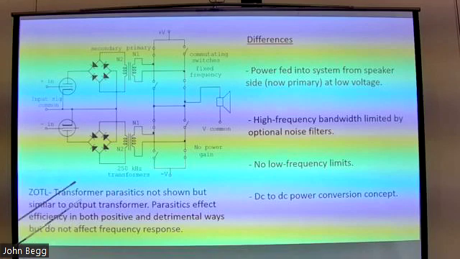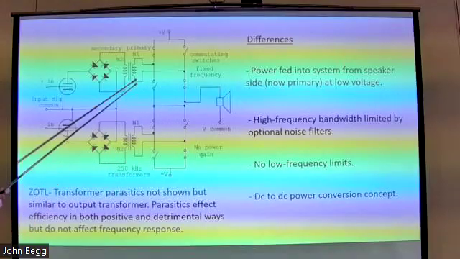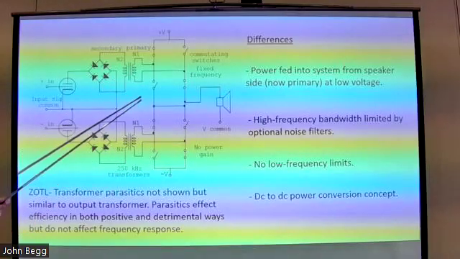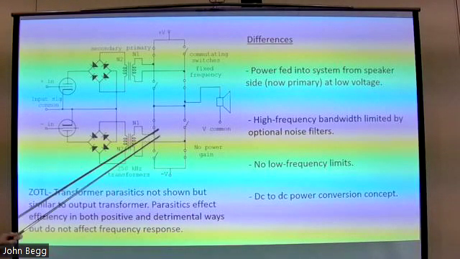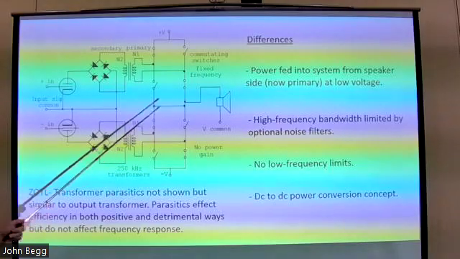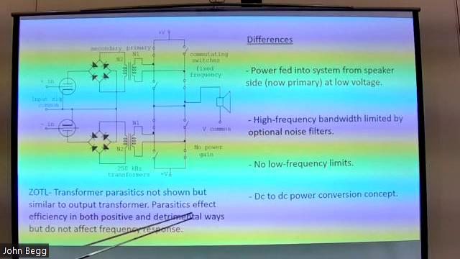Anyway, the difference is power is fed into the system from the speaker side, which is now the primary, at low voltage. The high frequency bandwidth is limited by optional noise filters, which I didn't show any. There's no low frequency limits, and it's a DC to DC power conversion concept.